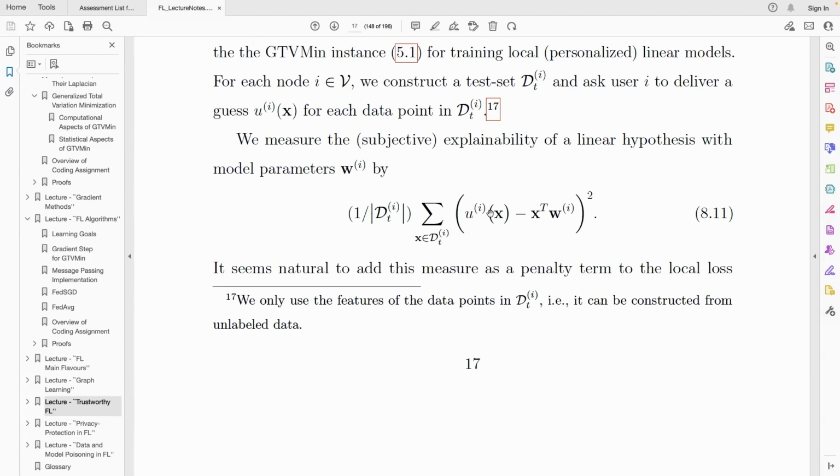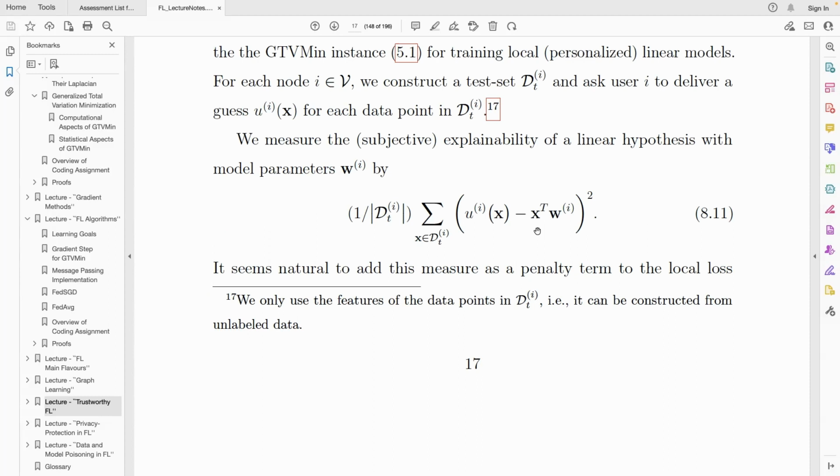Very good. So how can this ever work? Let's say this parameter vector is the parameters of an object detector that reads in the pixels of an image. These pixels are the features X, and you want to measure how well the user understands this object detection algorithm.